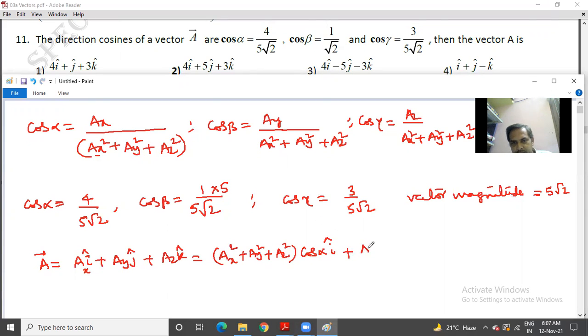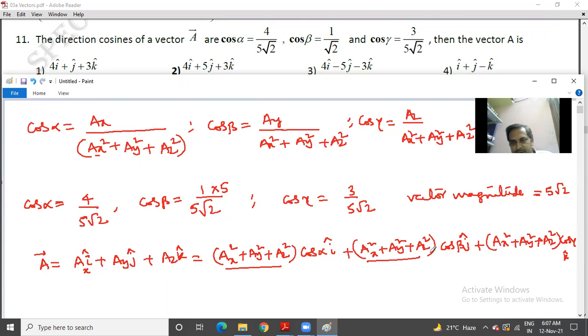Similarly, for Ay, the magnitude times cos beta, j cap. And the magnitude times cos gamma, k cap.